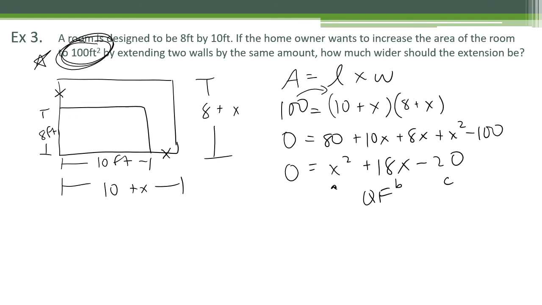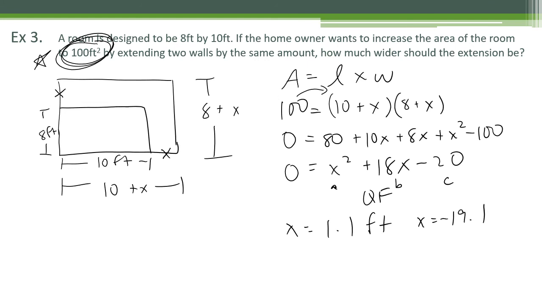Take a moment, pause, go back to the quadratic formula, come back, round to 1 decimal place. Welcome back. Hopefully you got 1.1 feet and negative 19.1.